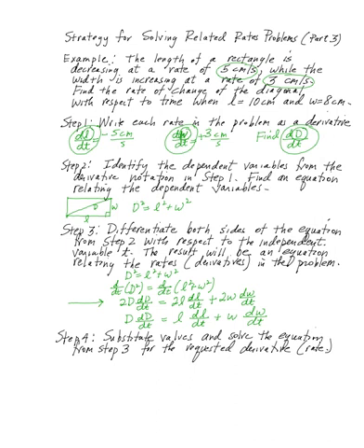Step 4, substitute values into this equation and solve the equation for the requested derivative or rate, which is the derivative of the diagonal with respect to time. So I'm going to take my equation and substitute the known values.